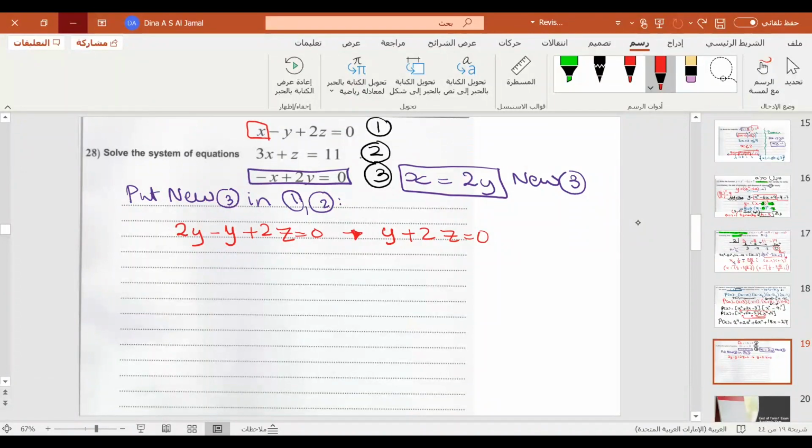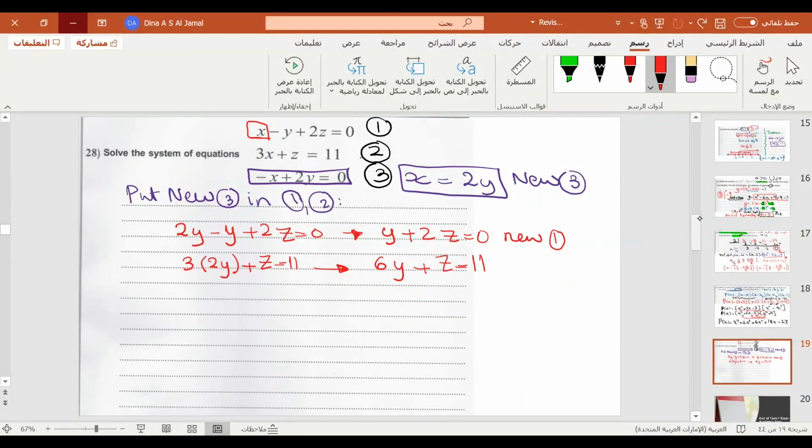And pay attention to this. Now, this is your new 1. Let's go to a new 2. 3, open brackets, 2y plus z, equal 11. After the multiplication, it will be 6y plus z equal 11.